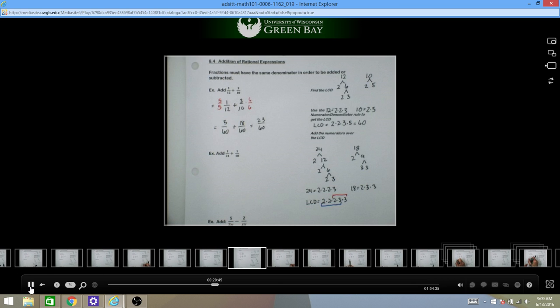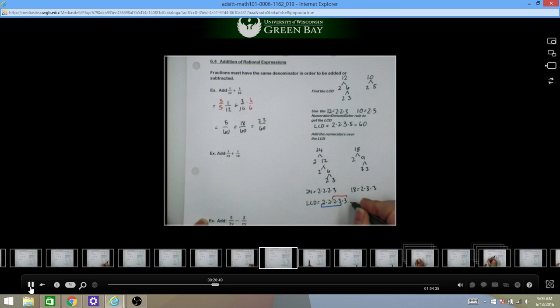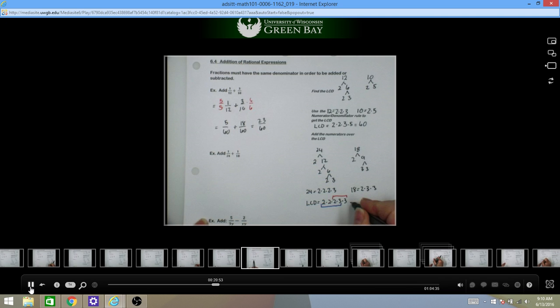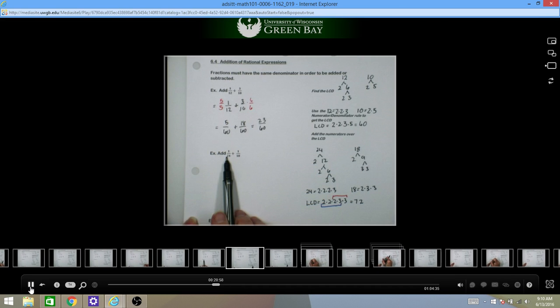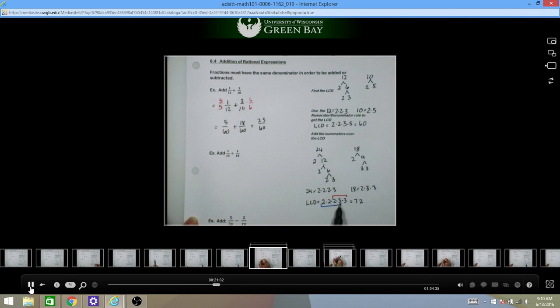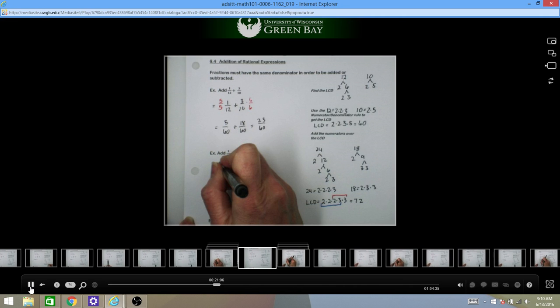What is that? 8 times 9? 72. So I have to build up my fractions, and I already found the 24 needs a 3 to get a 72, because this was my 24. 24 times 3 is 72. So I'll take my 1/24th, and I'll multiply by 3/3.